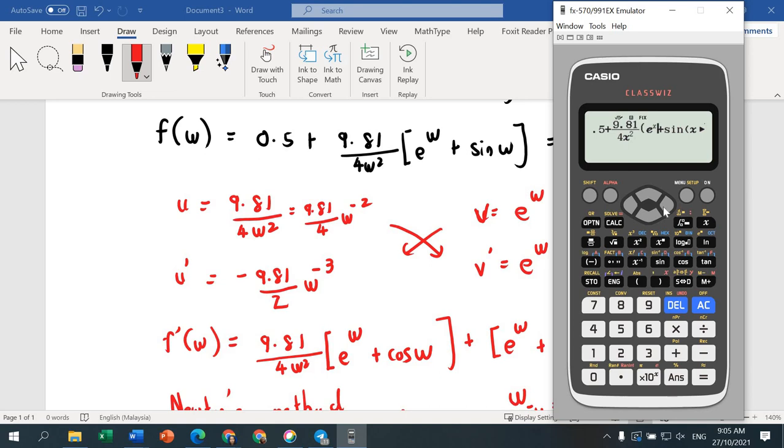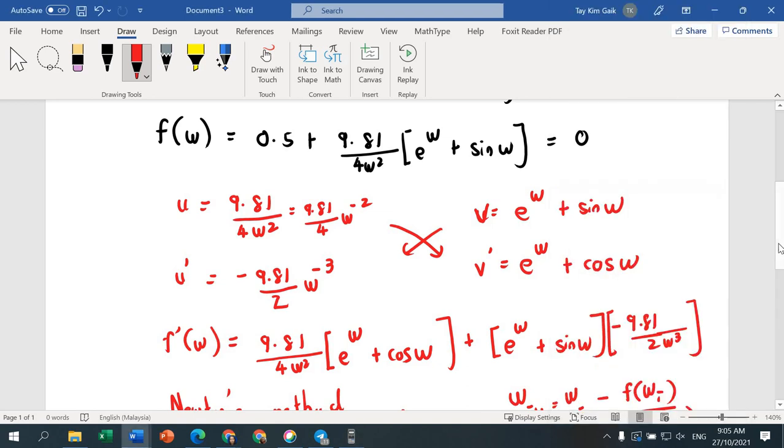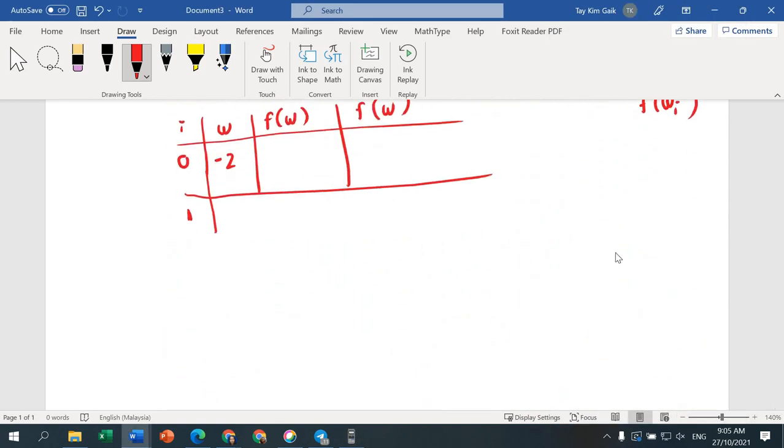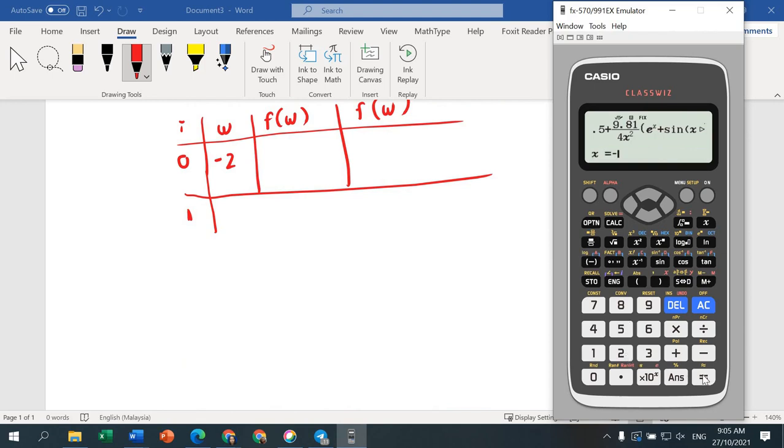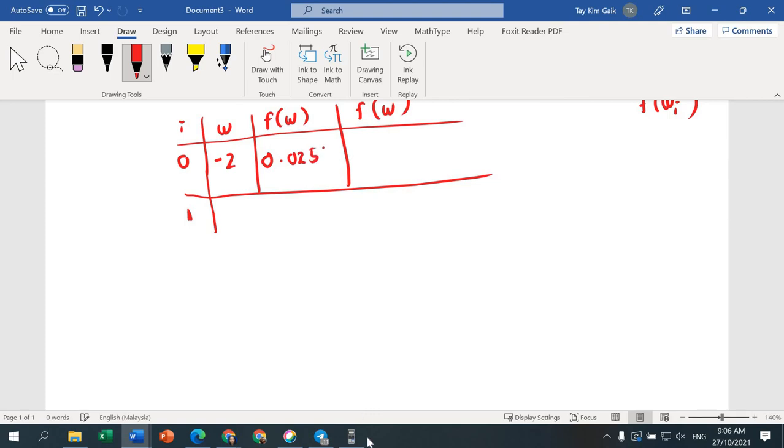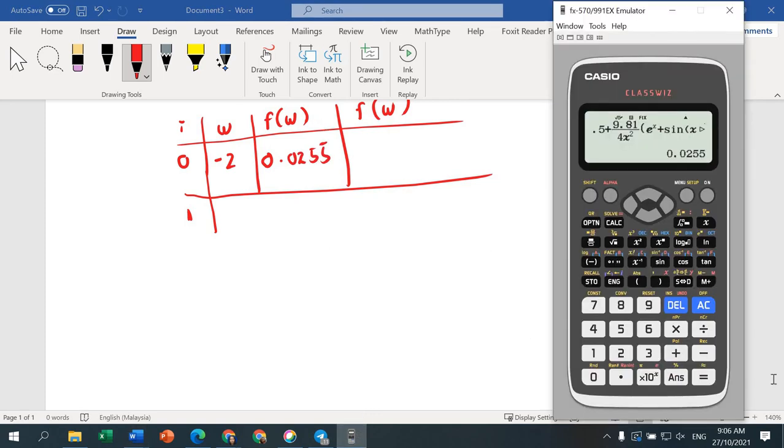Then you calculate. I choose a starting point of -2, then key in -2. Let's say fix to 4 decimal places. So you get 0.0255. This is f w.